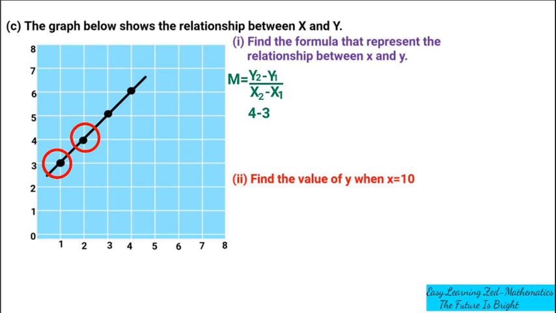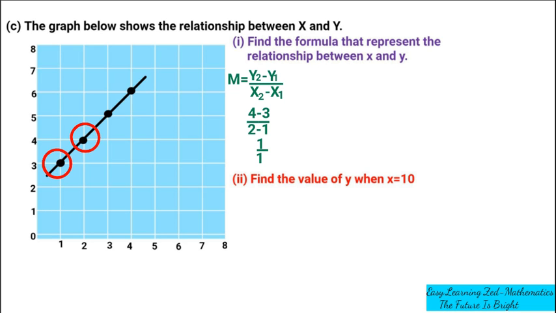Then the value of x2, the x coordinate, is 2, so we get 2 minus 1, because the coordinate of x1 is 1. Once we've done this, we find the difference of 4 and 3, as well as 2 and 1. So 4 minus 3 will give us 1, over 2 minus 1 will give us 1. Now when we divide 1 by 1, it will give us 1.